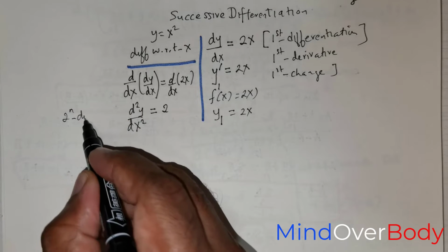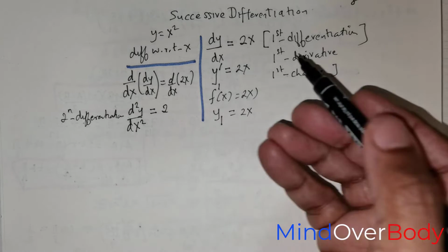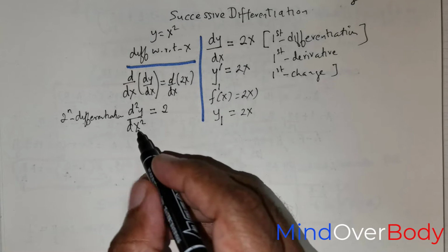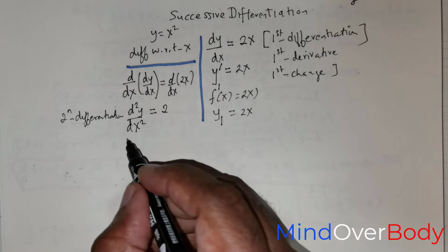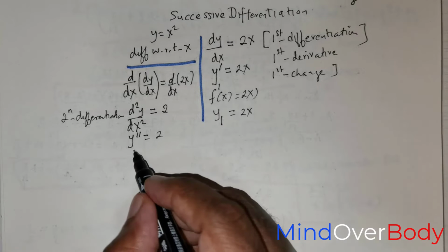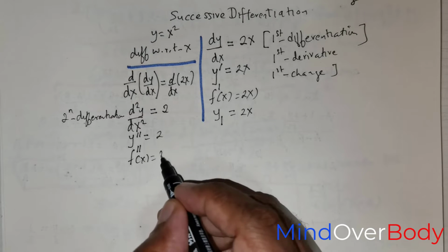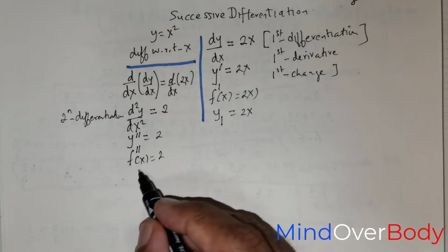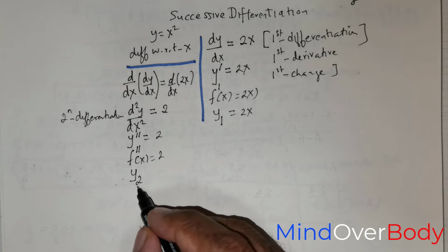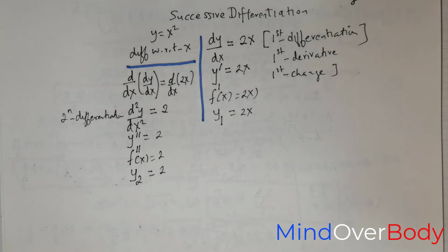You can simply state here second differentiation of y. We can either represent it like this, or like this, y double dash is equal to 2, or f double dash is equal to 2. Sometimes, in some cases, the representation will also be like this, y2 suffix 2 is equal to the value.